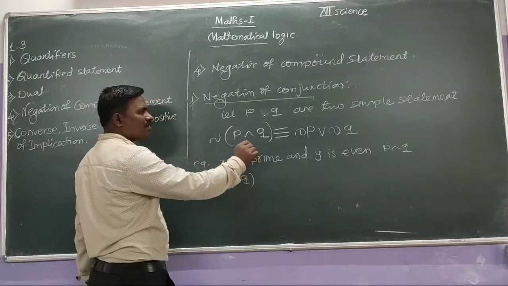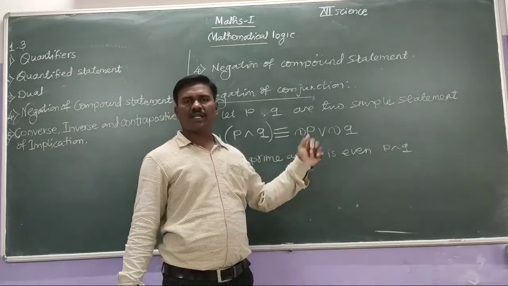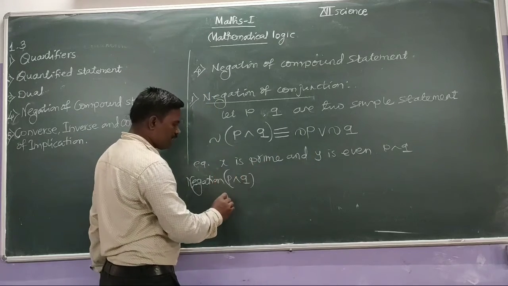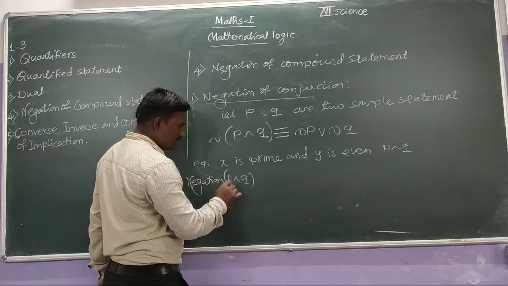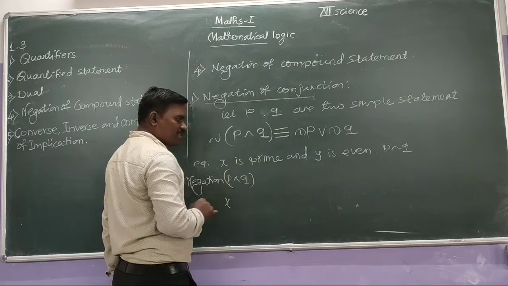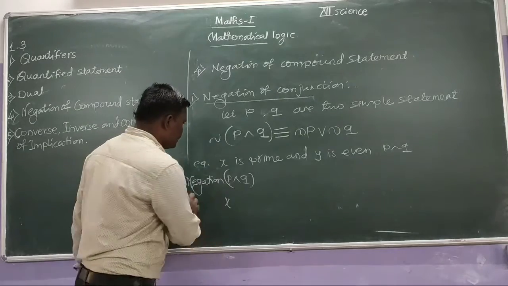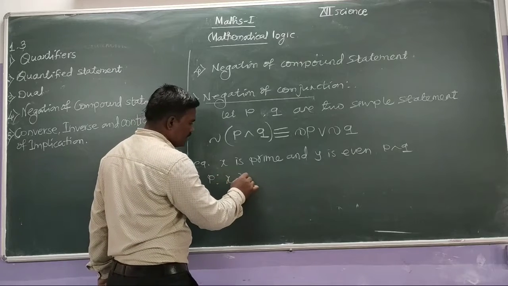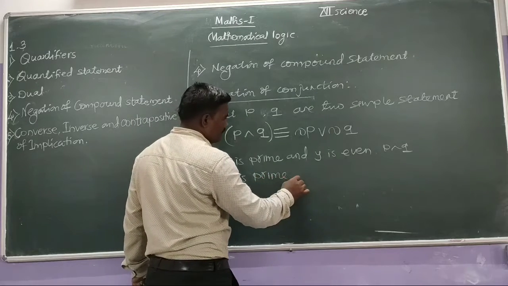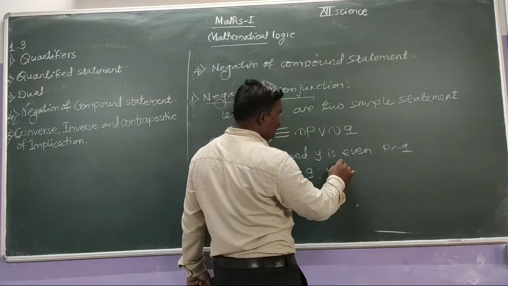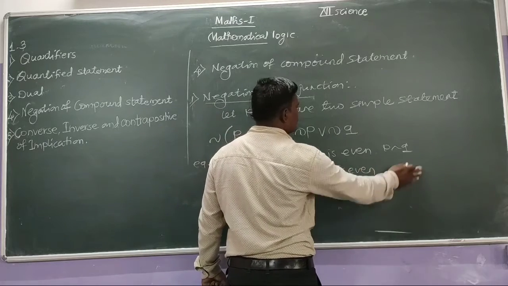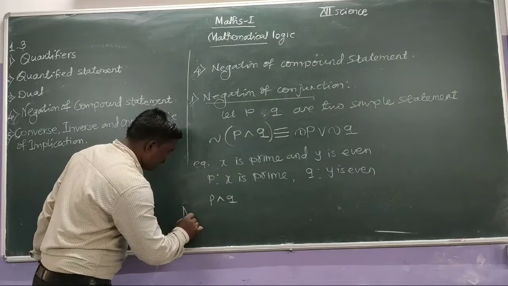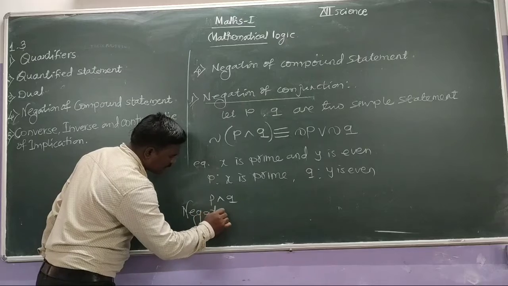Okay, then we know the result: negation of p disjunction negation of q. So what is its negation? Negation of p, that means p is, suppose that x is prime, or we can write it separately, p is x is prime and q is y is even. Then its symbolic form is p conjunction q, right?